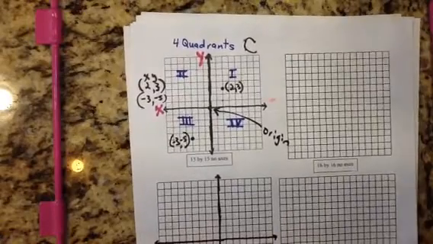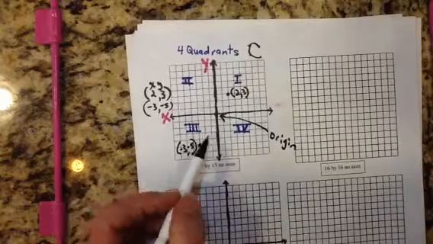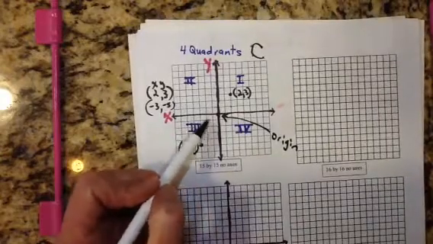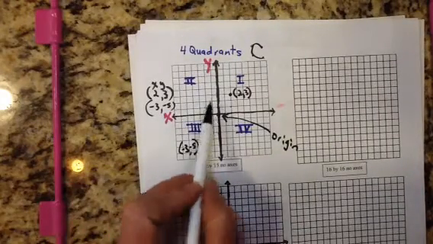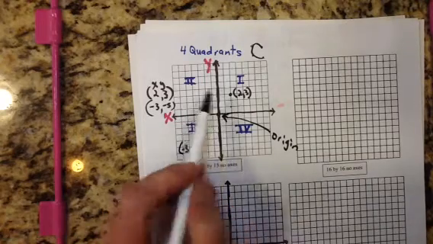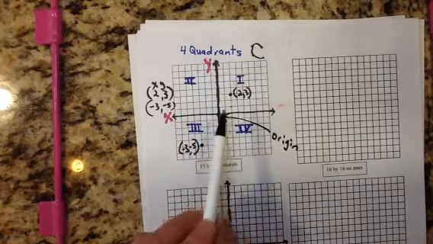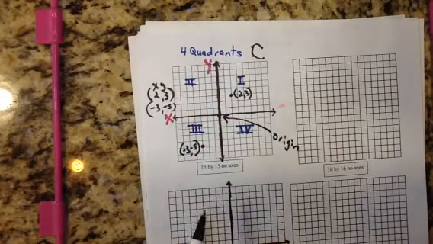Now, I did want to review how to graph things. Okay? What I've got here is a graph, and we call each section of the graph quadrants. And so what I've done is labeled the quadrants.